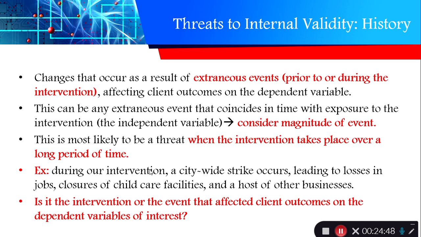Okay, so this is the question that we have to ask when it comes to history, especially again when our intervention is occurring over a long period of time. If it's a major event that impacts the client population that is included in our intervention, then we have to be concerned about whether it's the intervention or the event that affected the outcomes of the study.